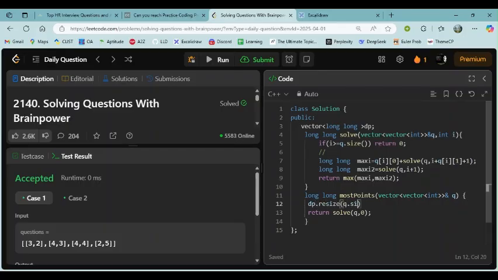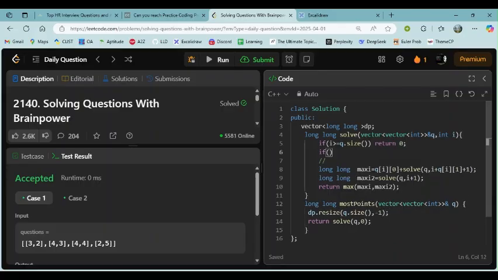So we will resize the dp to q.size(), filled with -1. And if I find dp[i] that is not -1, it means I already stored this value, so I'll just return dp[i], which will be the maximum of this.